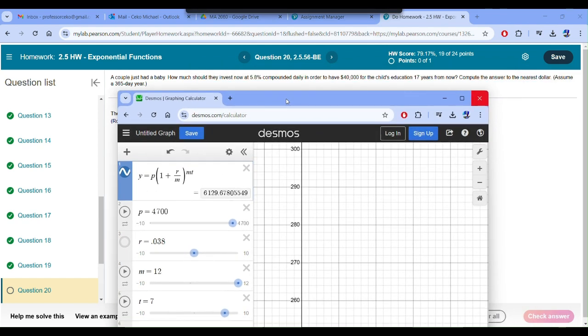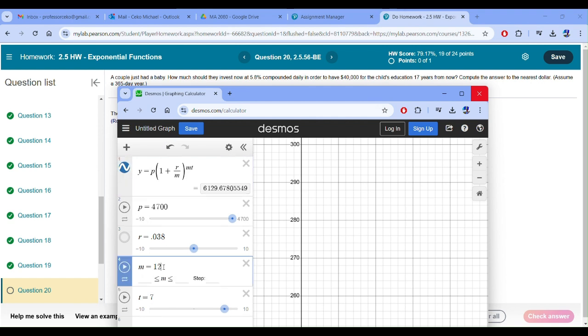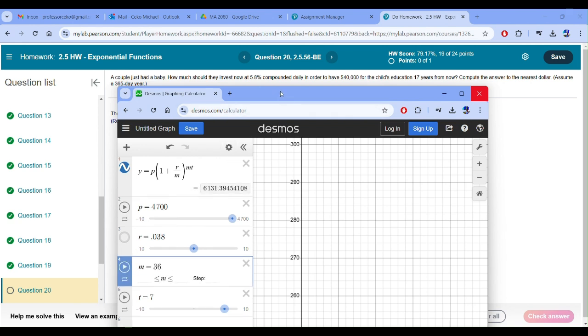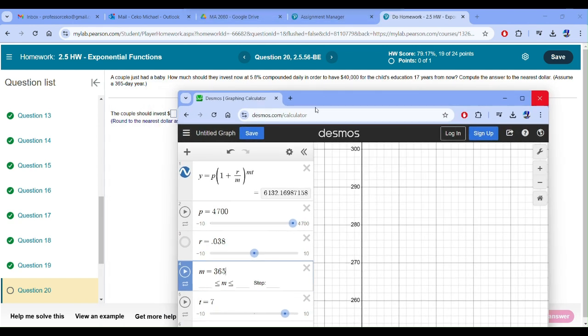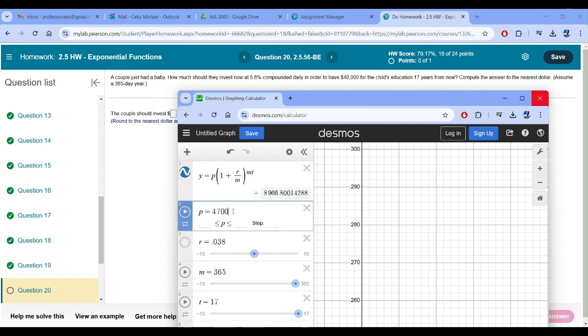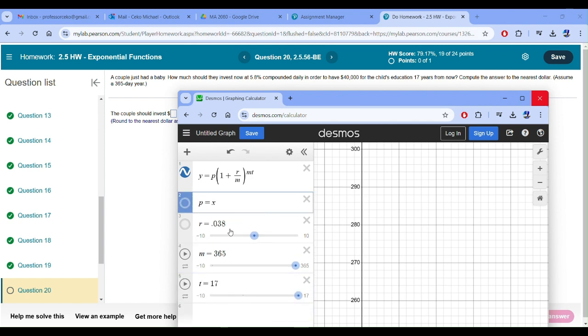Daily means 365 days a year, they tell us right there. Good. T is going to be X. Oh no, I'm sorry, T is 17 years. My principal is X. How much should we invest?